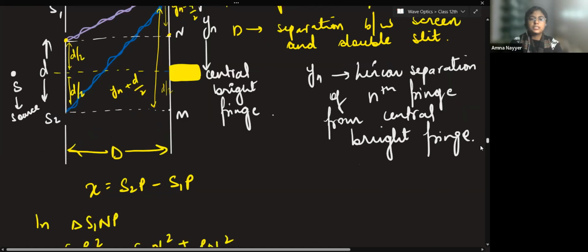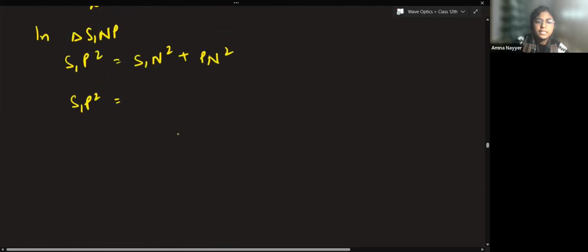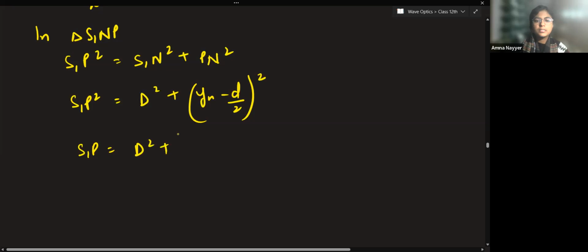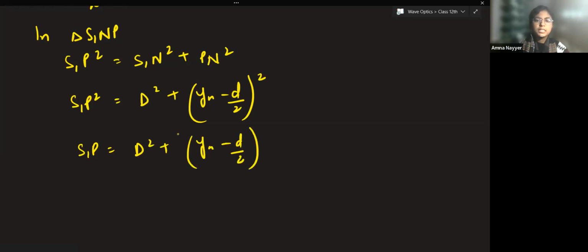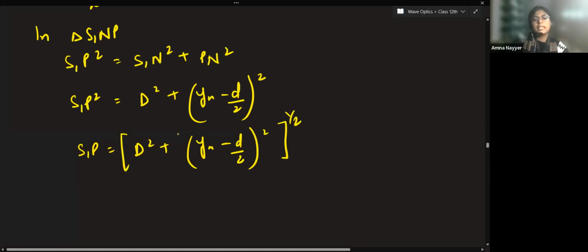So let's put it. This S1N will be D square. This will be Yn minus d by 2 whole square. So S1P will be D square plus Yn minus d by 2 whole square, to the power half, because this square I have taken to the other side.